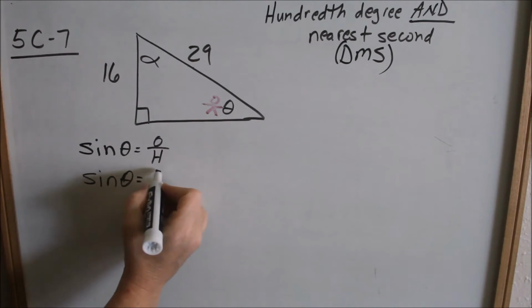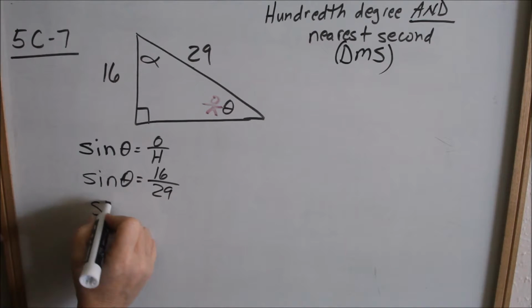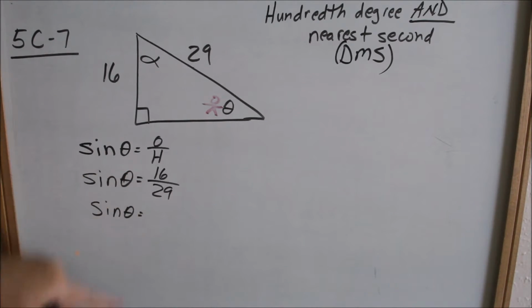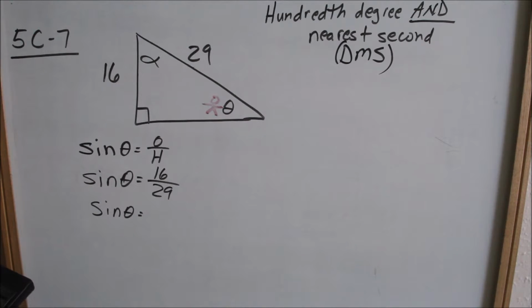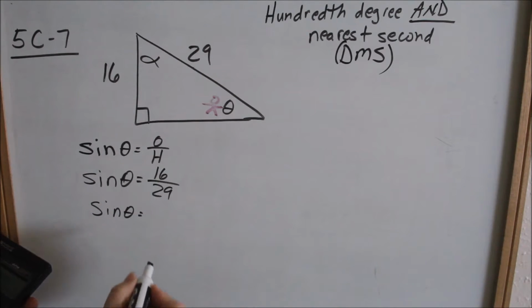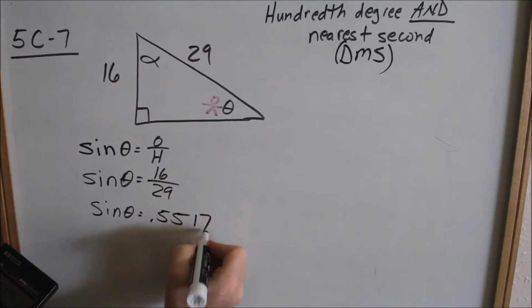But the side opposite of me is 16, hypotenuse is 29. So we can now divide that out and put it into a decimal. And when you're dealing with trig functions, you always do 4 decimal places. So 16 divided by 29 is 0.5517.